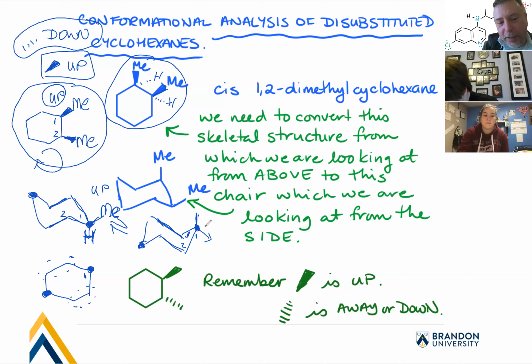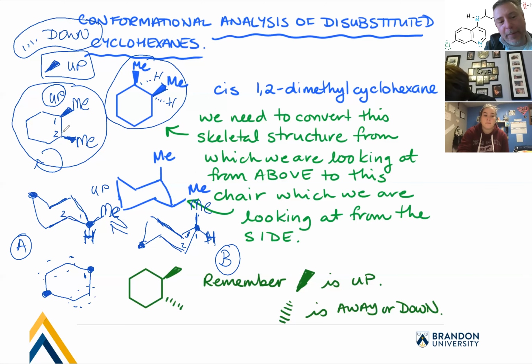In this conformation over here, it's a peak up. The methyl group would be pointing straight up, and this H would be over here on the right, pointing down. So the H is down in each case. You'll see in conformation A on the left-hand side, the methyl group is equatorial, and in conformation B on the right-hand side, the methyl group is axial.